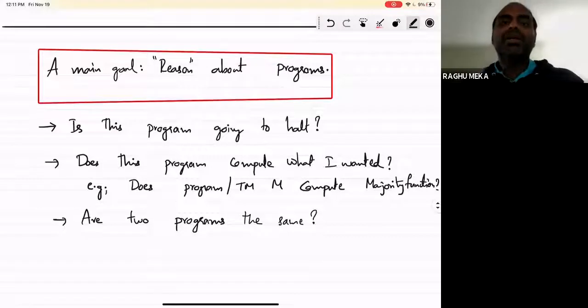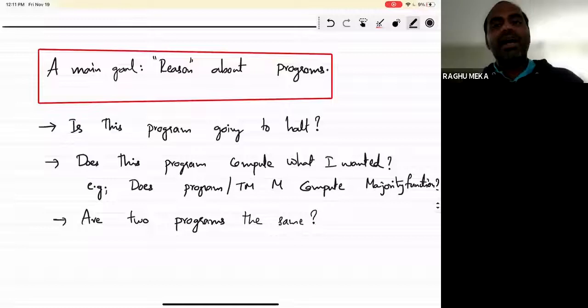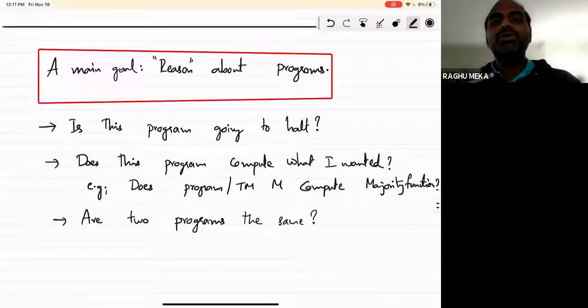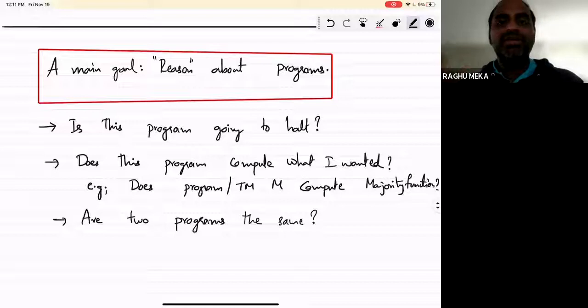I don't care if your Turing machine has 10 states or 12 states. I don't care if your program has a variable named foo and bar, but I care about its input-output behavior. Does it actually compute multiplication exactly? You might use weird names in the program. That's fine for me.